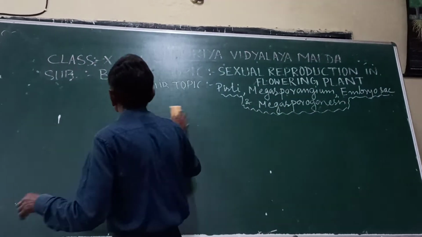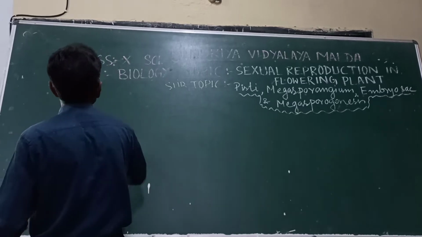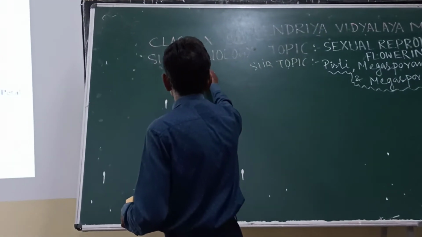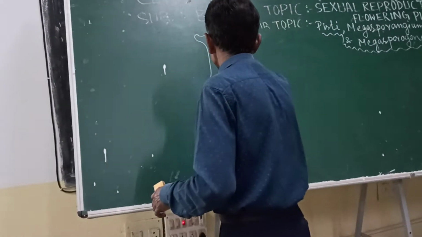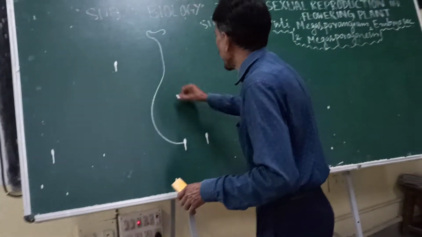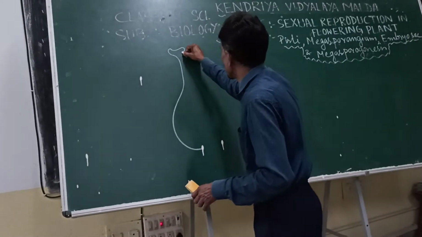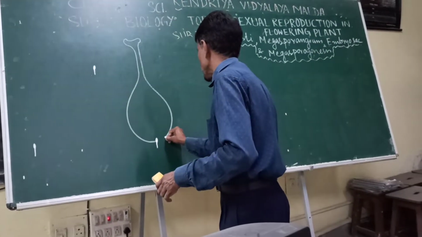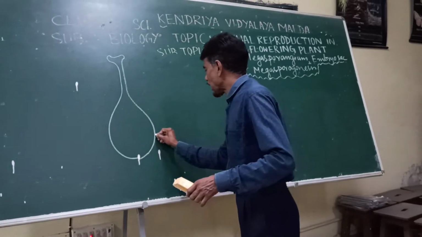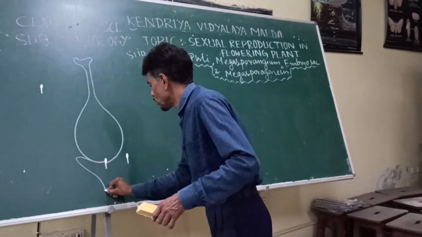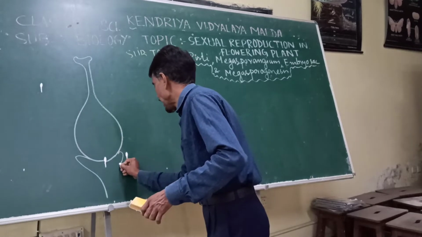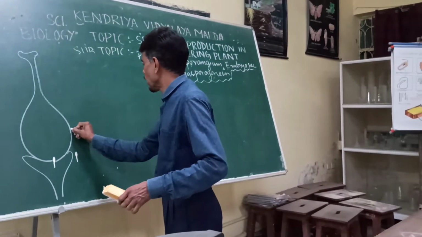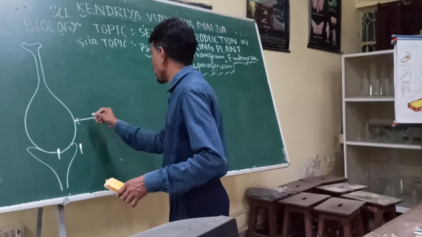So, let me draw a simple diagram of a pistil. A pistil has three prominent parts. The basal part, which remains attached with the stalk or the thalamus, this basal bulged-out part is called the ovary.